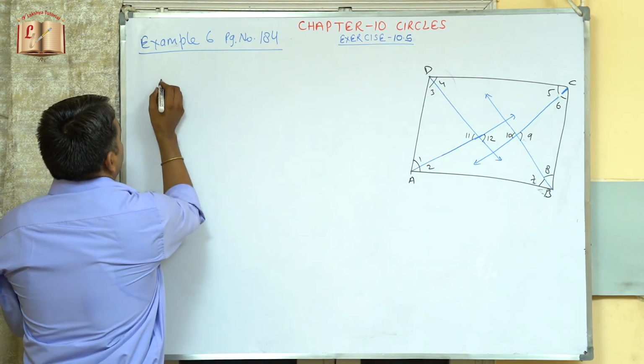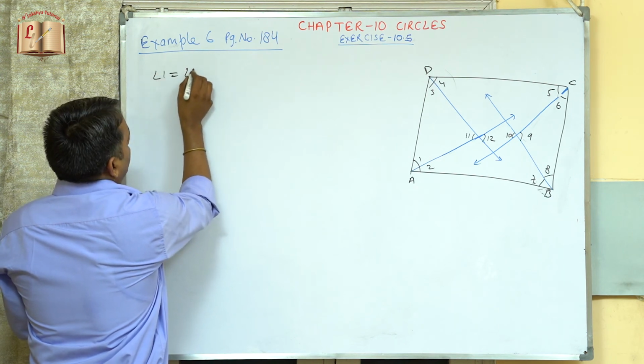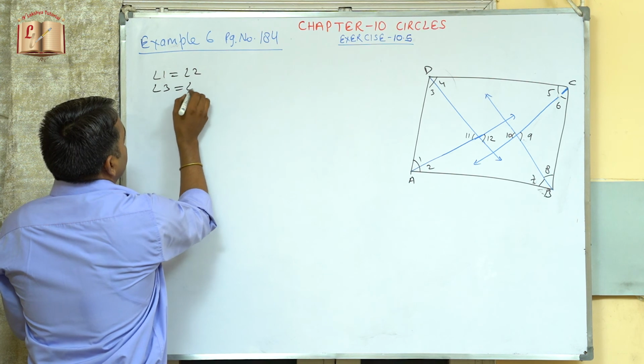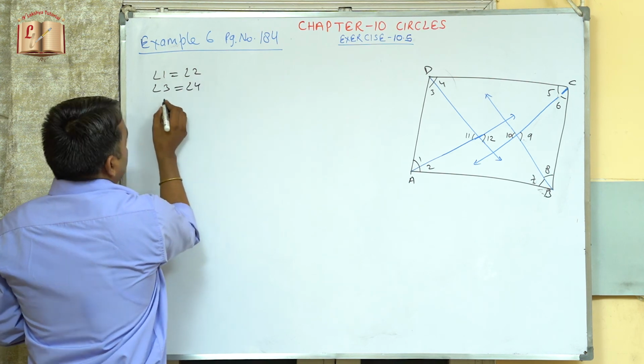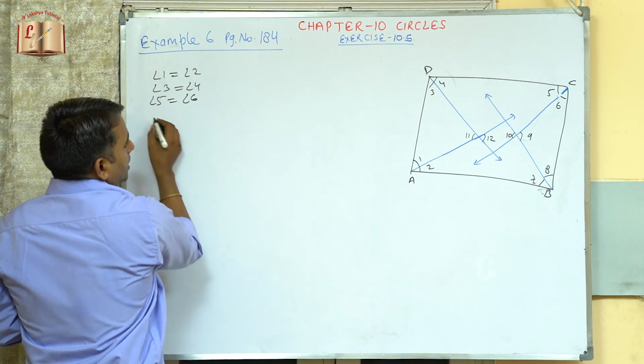So we can write angle 1 is equal to angle 2 and angle 3 is equal to angle 4, angle 5 is equal to angle 6 and angle 7 is equal to angle 8.